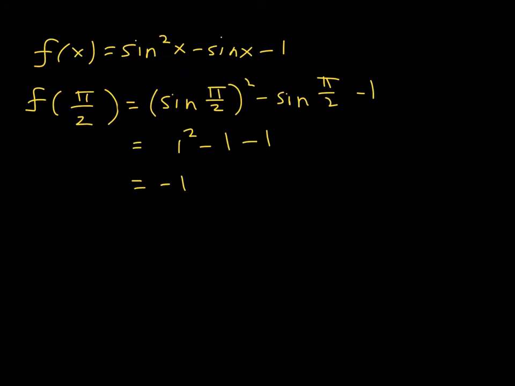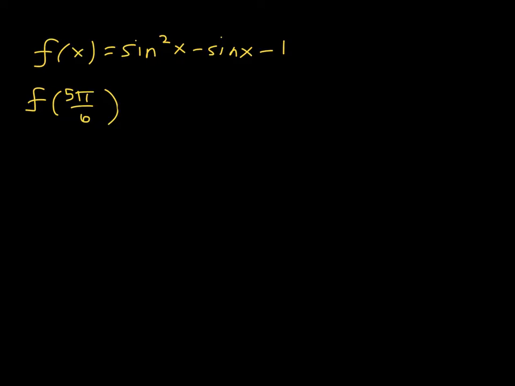All right, now let's evaluate our function at the next critical point, which was 5 pi over 6. You and I found earlier that at 5 pi over 6 there was a minimum. Let's find out what that minimum value is. So this is sine of 5 pi over 6 squared minus sine of 5 pi over 6 minus 1.